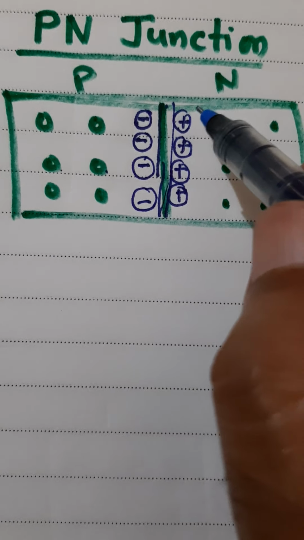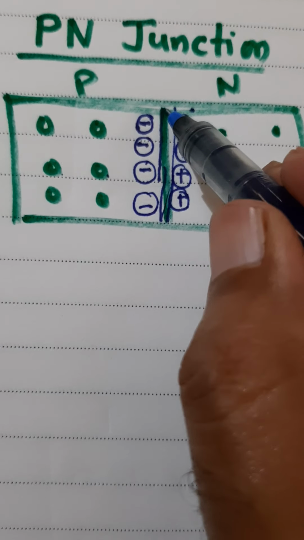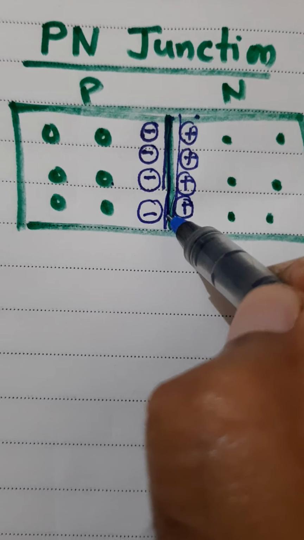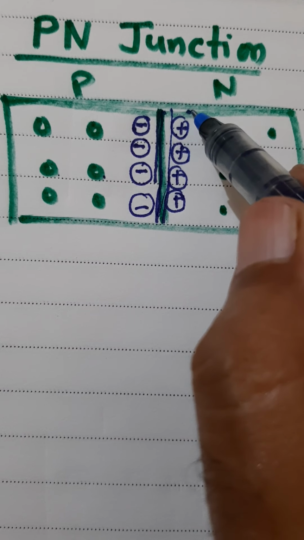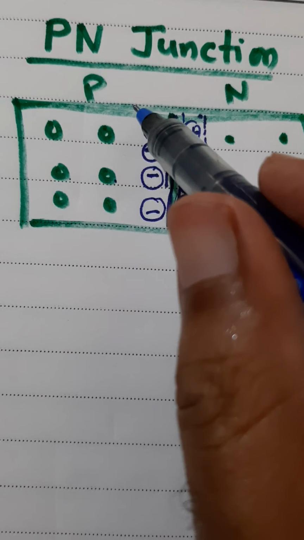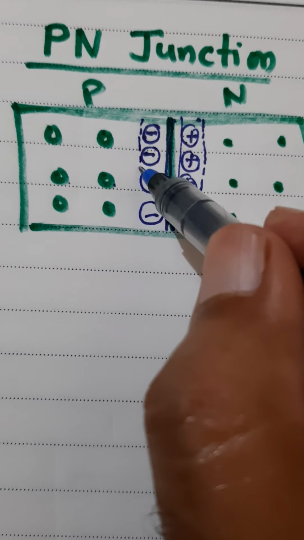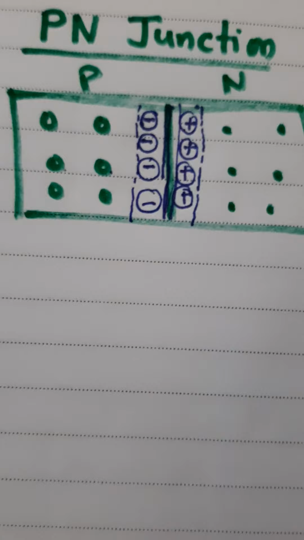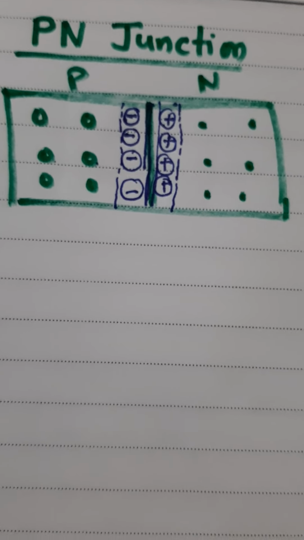So there is a region near the boundary. This is the boundary, this is the pn junction, and this region in which the charge carriers diffuse near the boundary depends upon the conditions. That means it depends on the energy given to the pn junction.